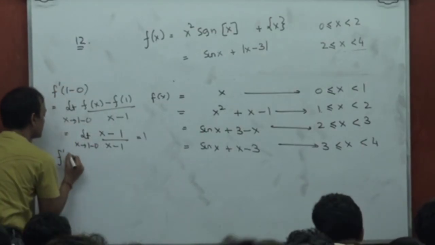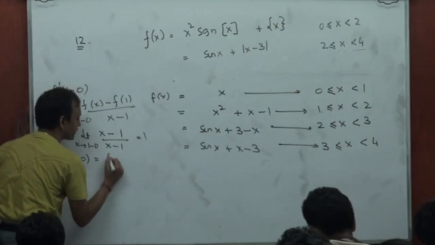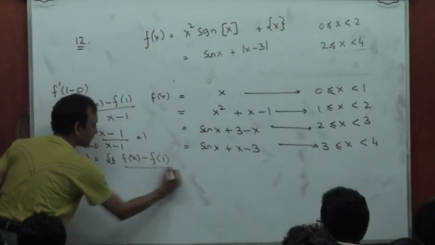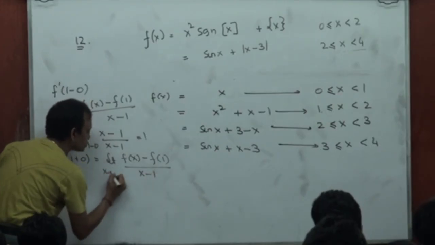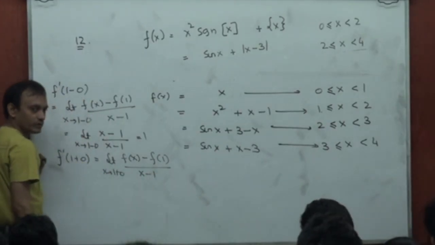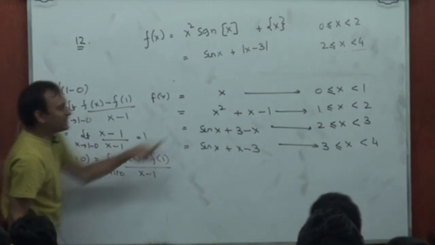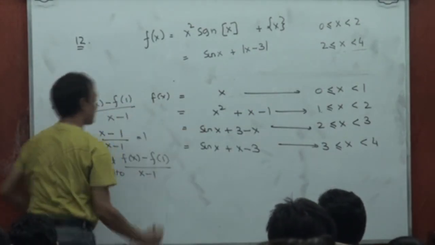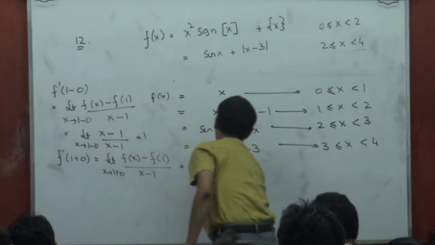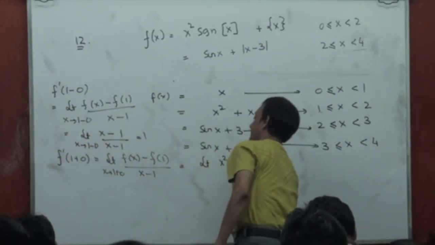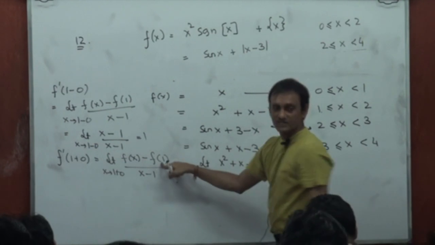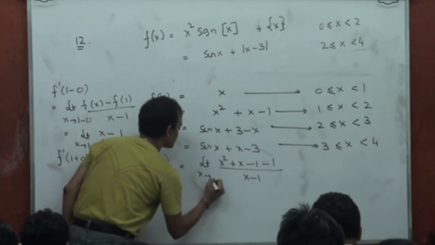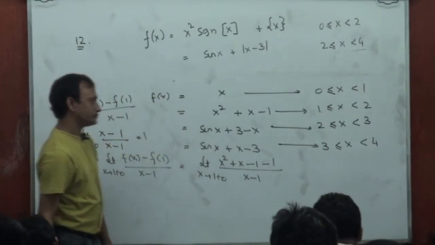Let me look at the right hand derivative at x equal to 1. Limit f x minus f 1 by x minus 1, as x tends to 1 from the greater than 1 side, right? But when x is slightly greater than 1, the description of f x is x squared plus x minus 1, minus f 1 which is 1, divided by x minus 1.